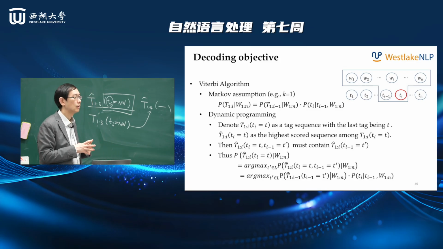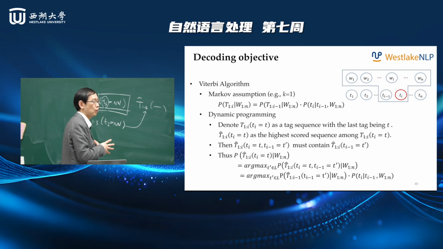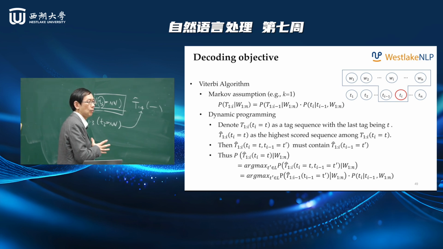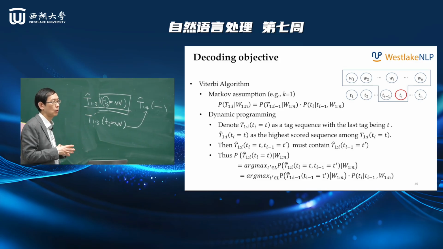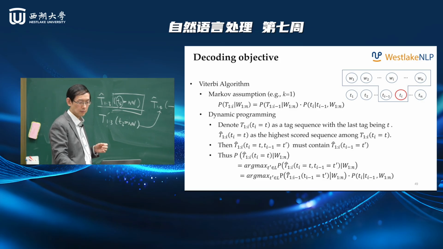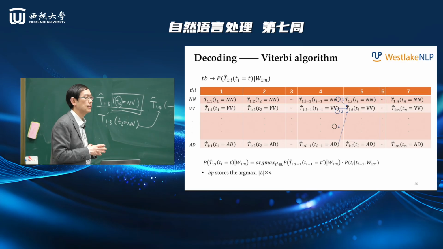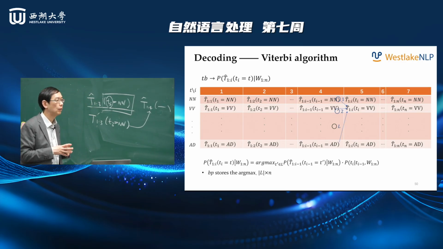All right. As a result, you can rest assured that by building t hat 1 to i with ti equal to t incrementally from left to right, you can find the highest scored tag sequence. And this table has the same structure as the HMM dynamic programming table.